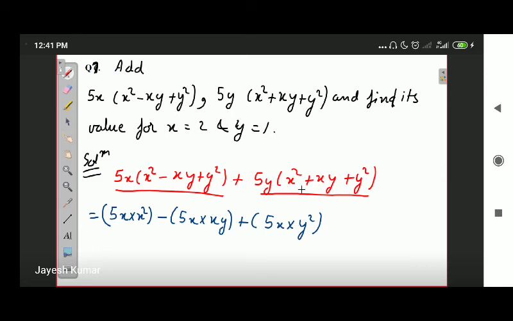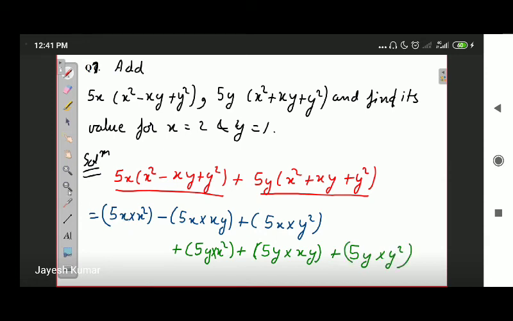After that, for the second term, we will write it as plus 5y into x square, plus 5y into xy, plus 5y into y square.